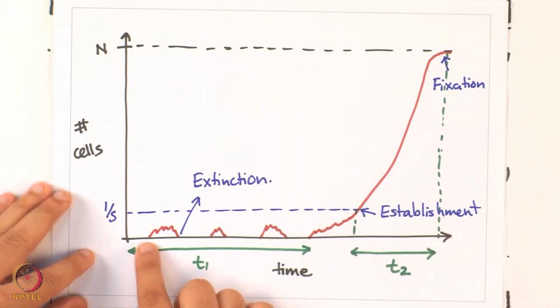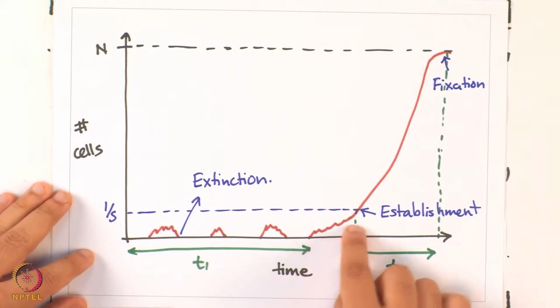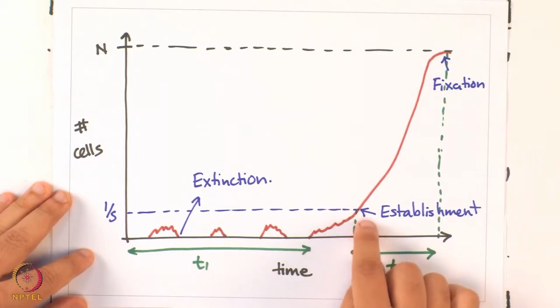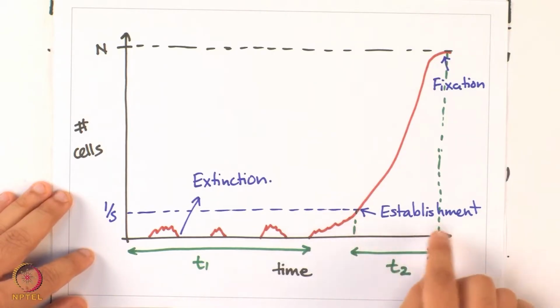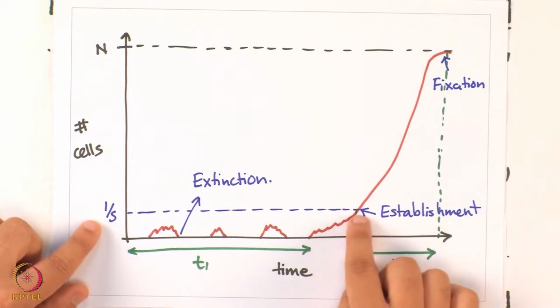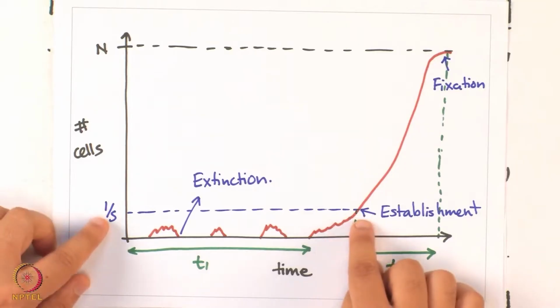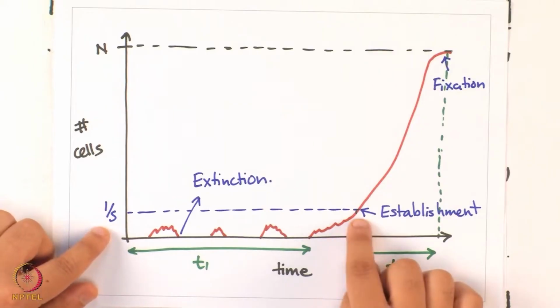Whenever a beneficial mutation arises, it could go to extinction, which is going to be the case most of the times, but eventually there will be one beneficial mutation which randomly increases to enough numbers such that it gets established, and establishment is said to occur when the number of individuals corresponding to that particular genotype is equal to 1 by S. So, if this is a beneficial mutation which confers a 5% advantage, or in other words S is equal to 0.05, then this mutation gets established when there are 1 upon 0.05 individuals, which is 20 individuals which belong to this particular genotype.